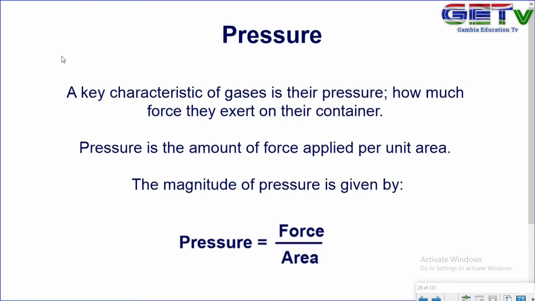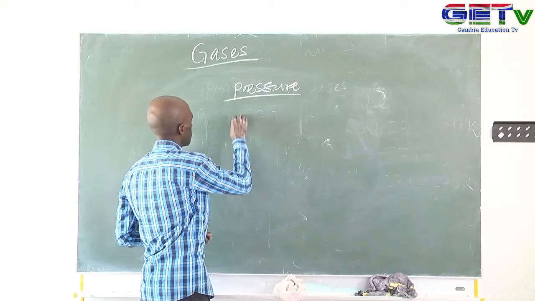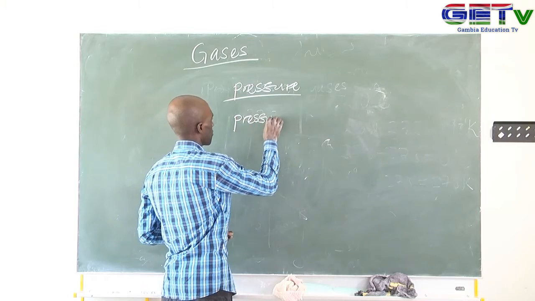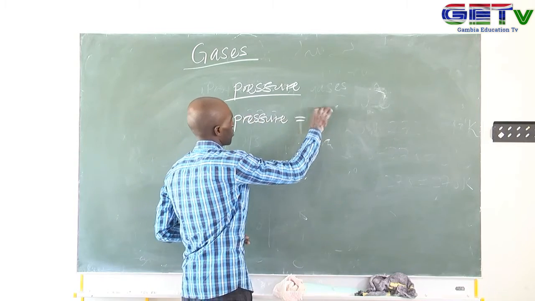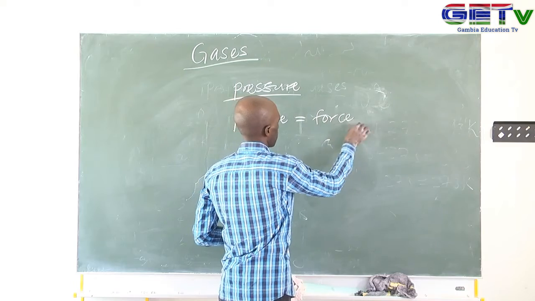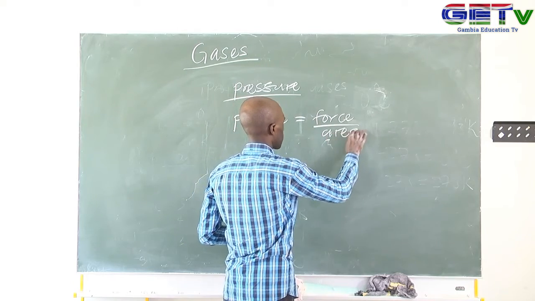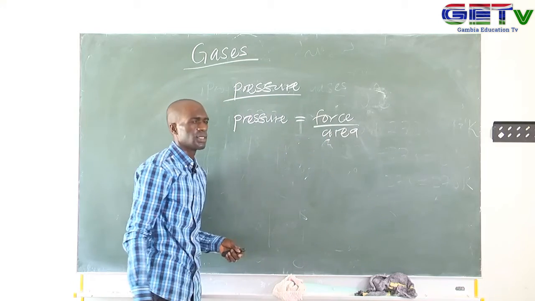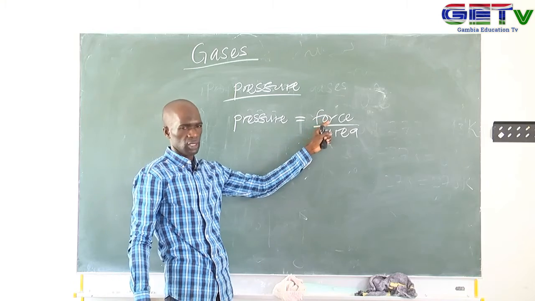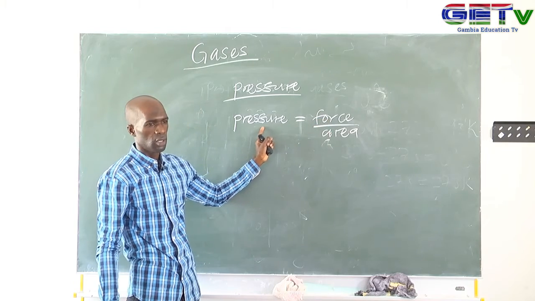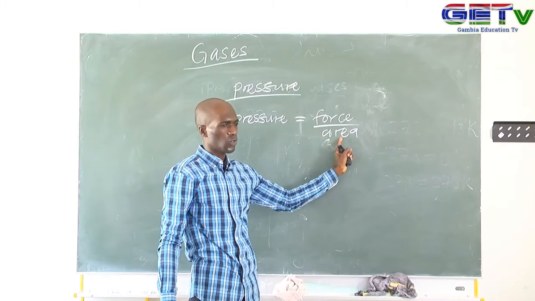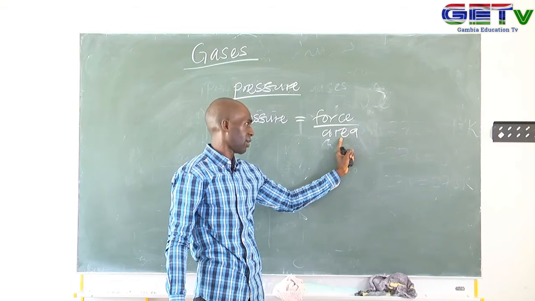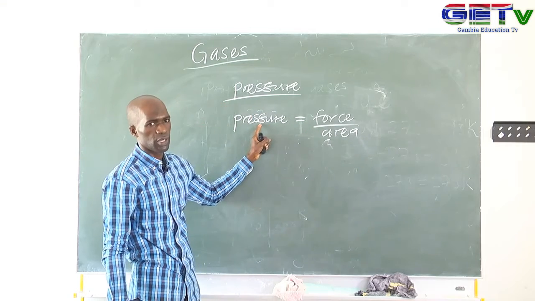The magnitude of pressure is given by the formula. So this means the greater the force, the larger the pressure. And the greater the area, the smaller the pressure.